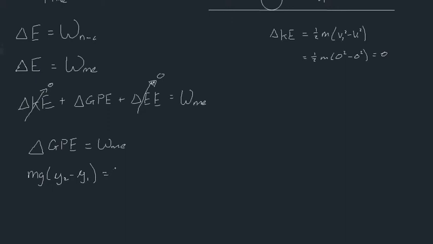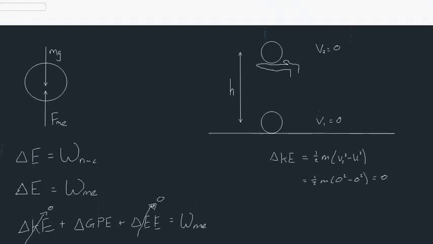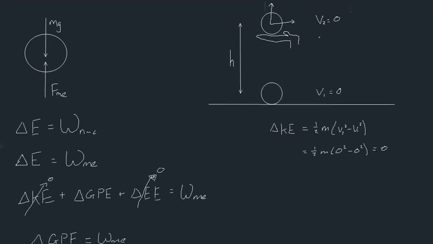Depending on where we place our coordinate system, we'll find that y2 minus y1 is equal to h, and just to prove that, let me choose a coordinate system, let's place it here. In which case y2 is going to be equal to 0, and y1 is going to be equal to negative h.